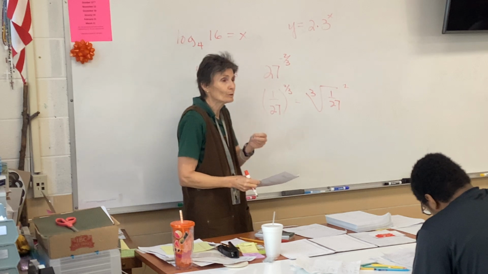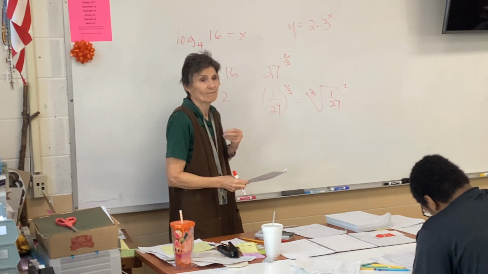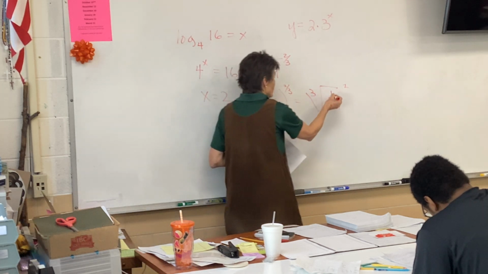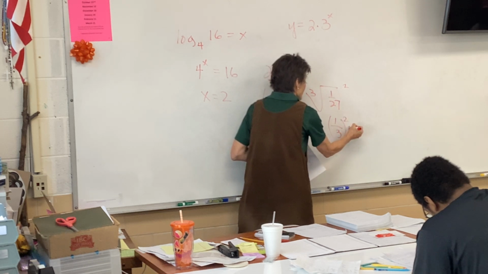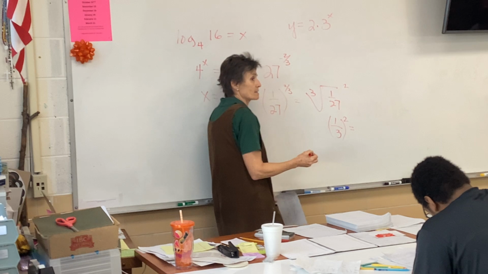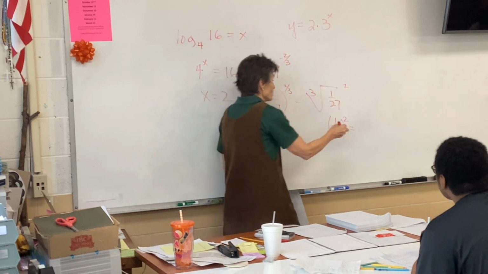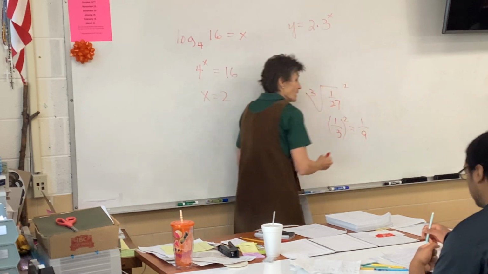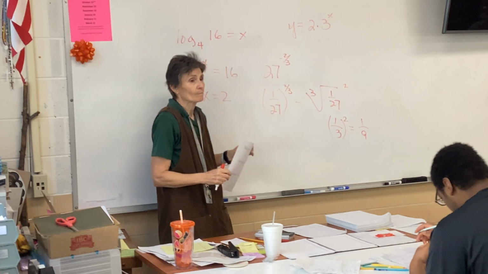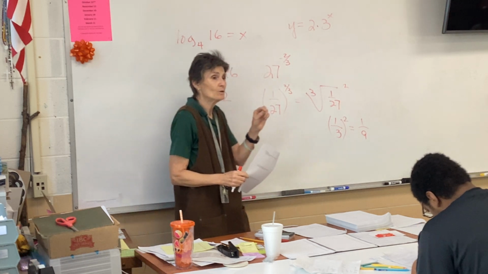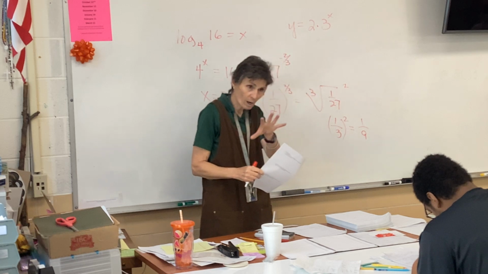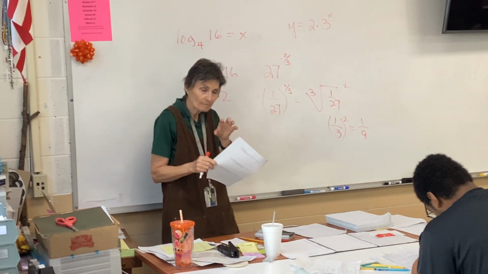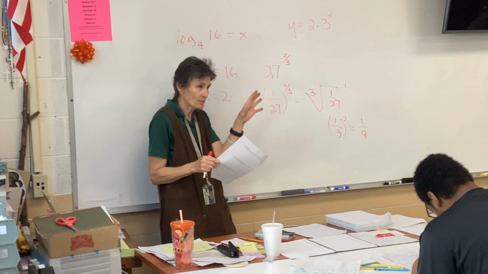What's the cube root of 1/27? 1/3. Cube root of 1, cube root of 27. And then when you square it, it's 1 over 1 squared, which is 1 over 9. Remember, when you root or power a 1, it stays 1. 1 doesn't change.